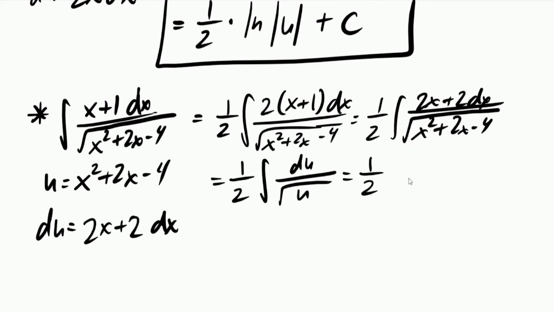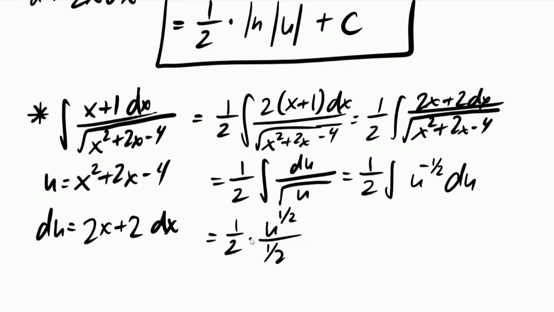It's the same as bringing up the square root of u, which is u raised to negative 1/2 and du. Now if we integrate u raised to negative 1/2, we will get u to the 1/2 over 1/2. As you can see, negative 1/2 plus 1 is just 1/2. So using the power formula, we will have this one plus the constant of integration.